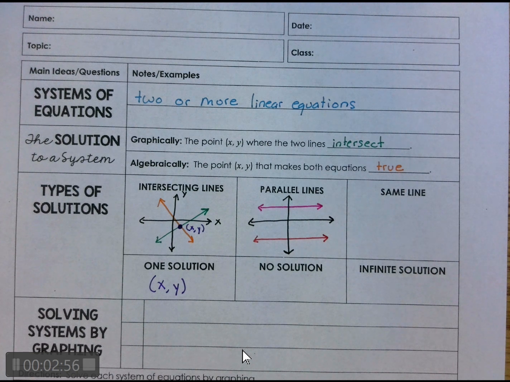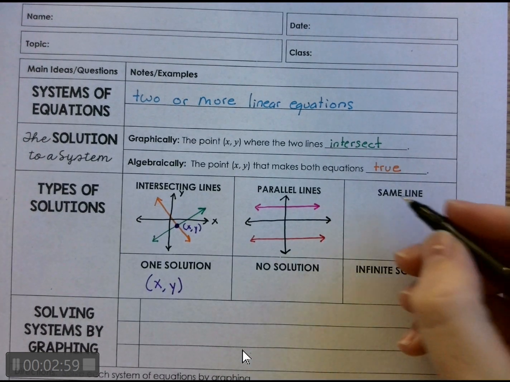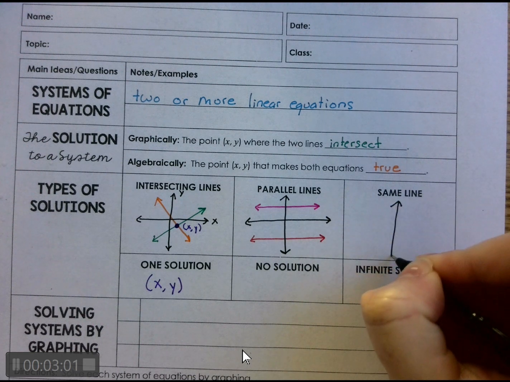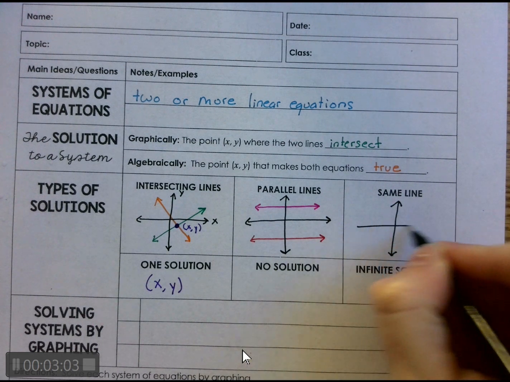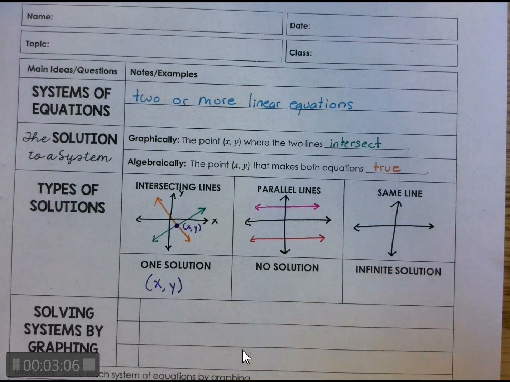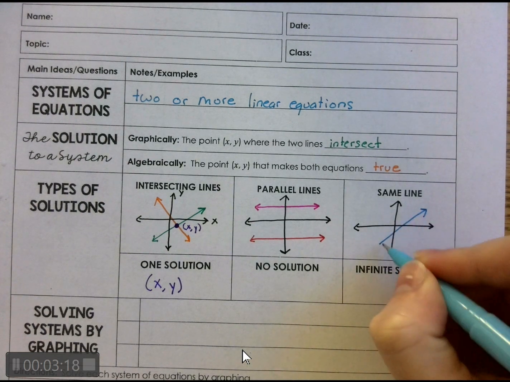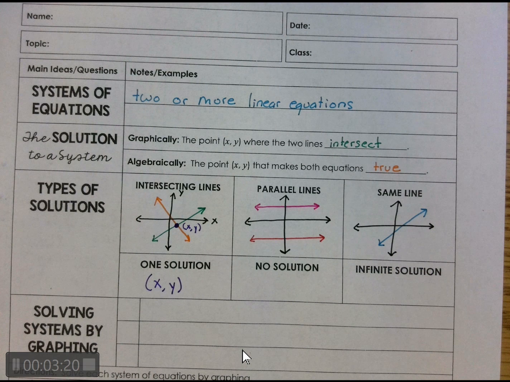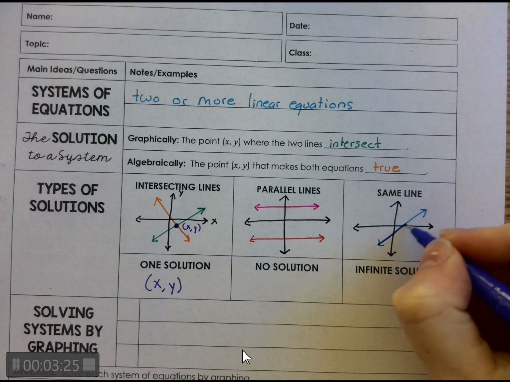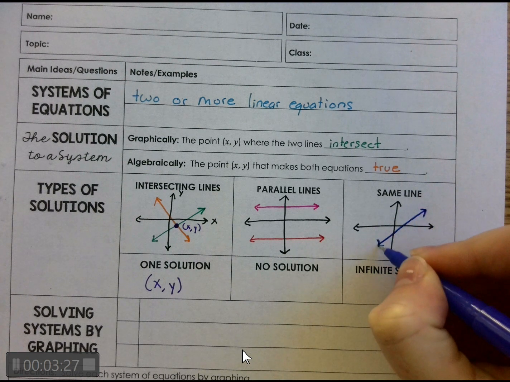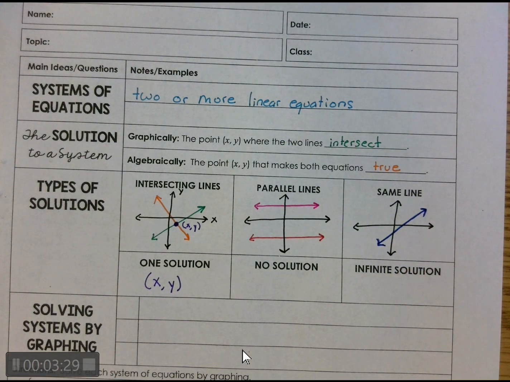All right, and then finally, we are going to have the same line. And yes, I do realize that I skipped the type of solution, but I'm going to talk about that again in a second. So when we have the same line, this means that we have a line that goes something like that. And then we have a second line that also goes something like that. And it's going to be the same line.